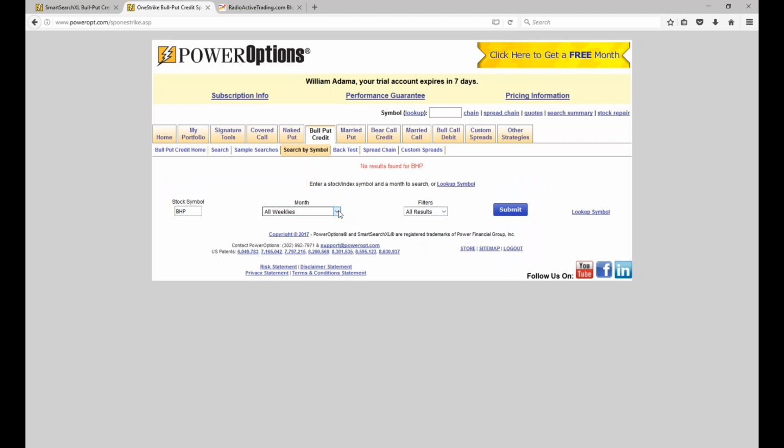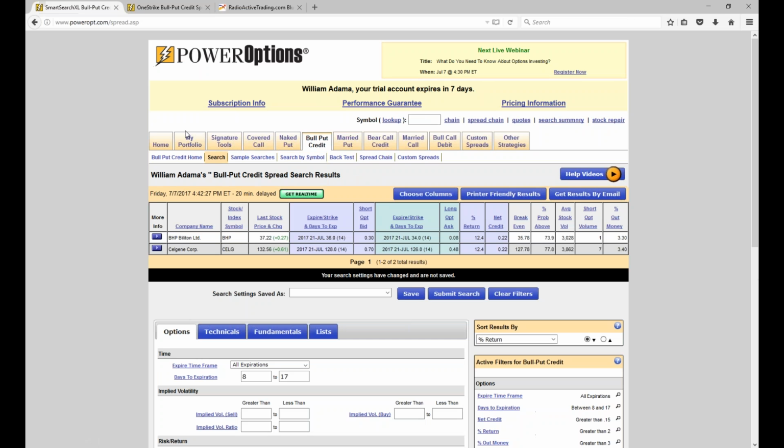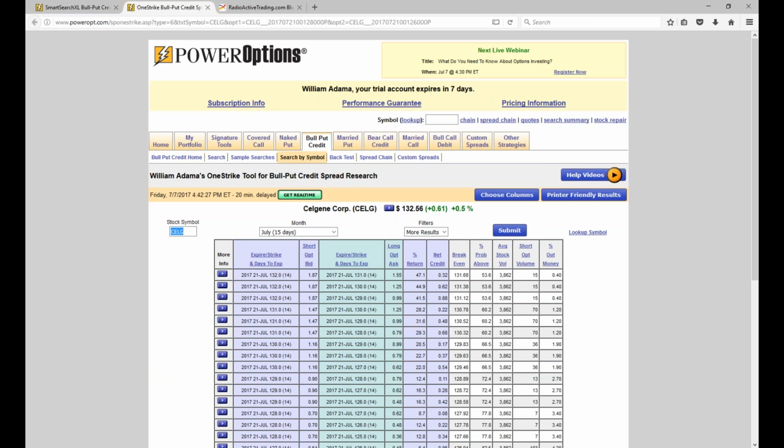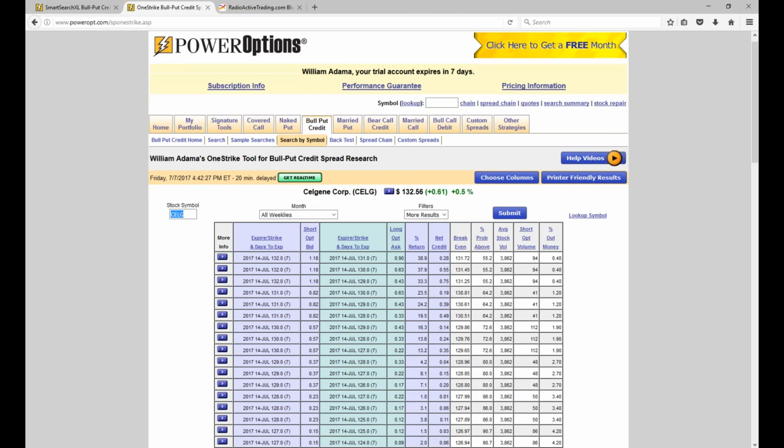Really? I'm just going to do this manually. There we go. Oh, I know why. I'm sorry, folks. Let's do Celgene. My sincerest apologies. The original Celgene spread is the 128, 126 with 22 cents. Okay, 128, 126. Now let's see here. This should have what I want. Yep.